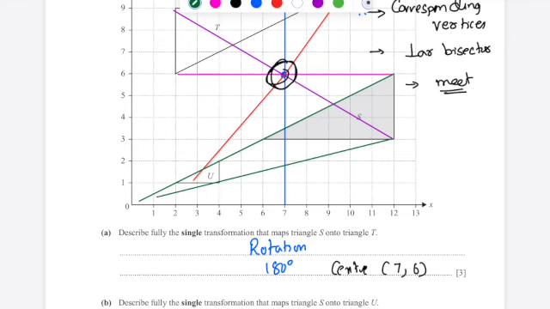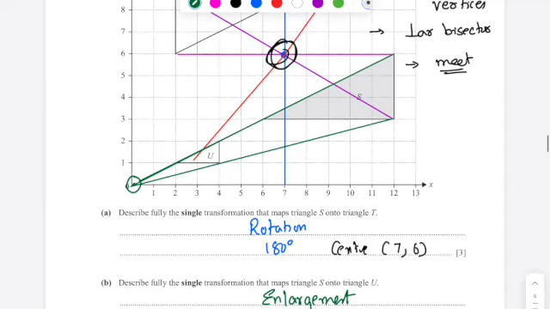Extend the corresponding vertices. We can see that they are all meeting at (0, 0). So they meet at (0, 0), which is going to be the center. The center is going to be (0, 0).